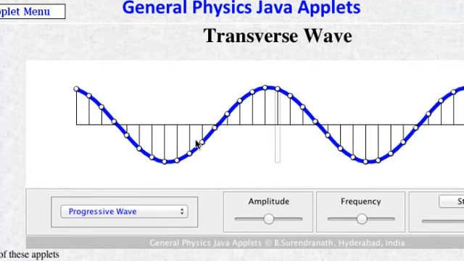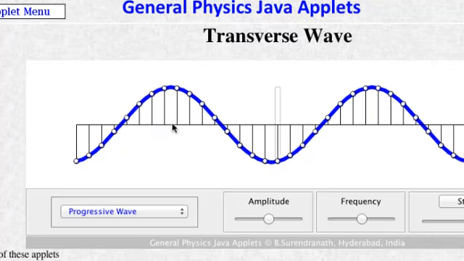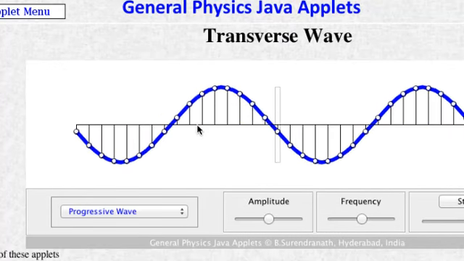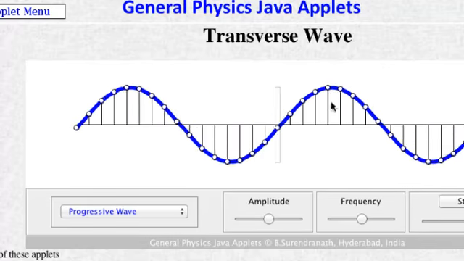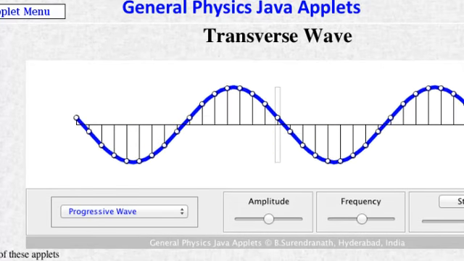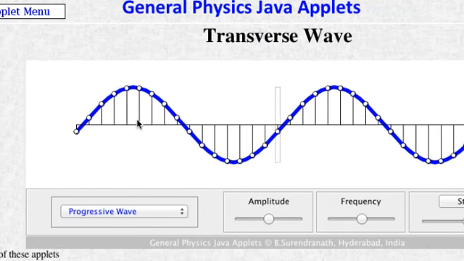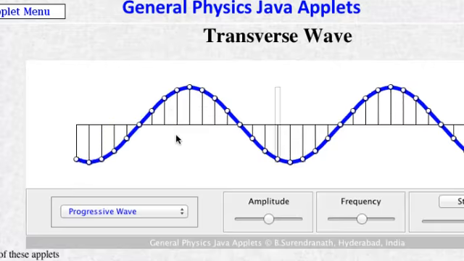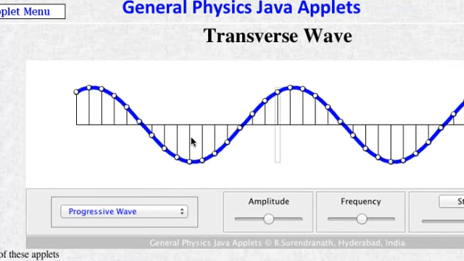It oscillates around this equilibrium position along this median line. But if we follow the crest, we see the energy. The energy is represented by the crest. The higher the crest, the larger the amplitude, the more energy the wave has. But these particles are simply being displaced back and forth across this equilibrium position.